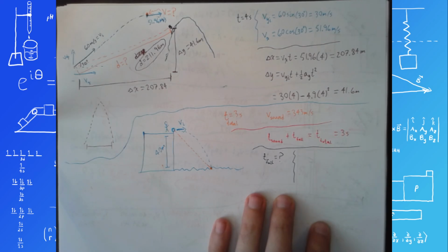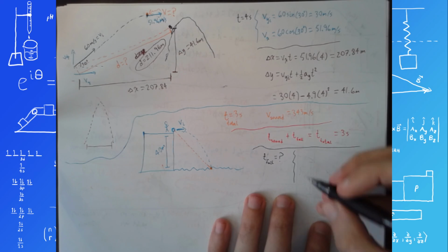Which equation should I use? The first equation involves Vy final, which we don't really care for here. Third equation, same thing. Second equation might be our best bet.